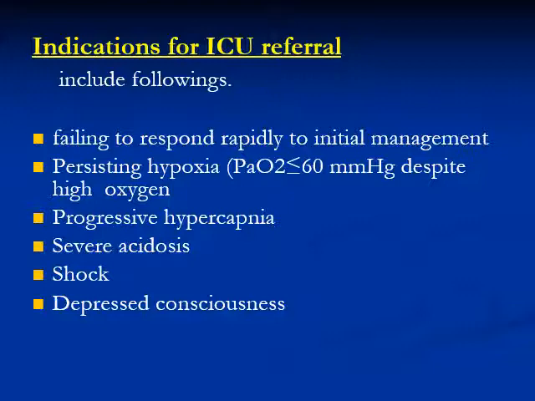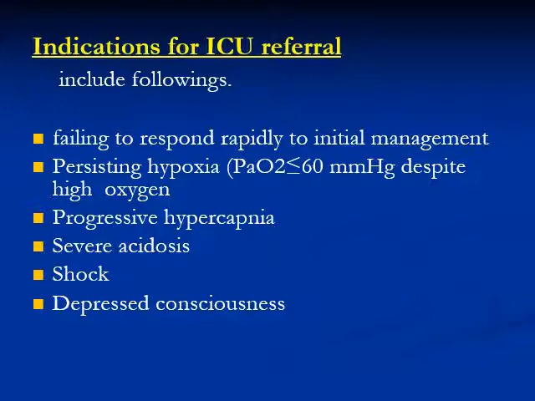As I mentioned, acute pneumonia usually develops type 1 respiratory failure, with hypoxia and hypocapnia or normocapnia. But when the patient develops progressive hypercapnia, it means this patient has passed to severe respiratory failure type 2. Or the patient develops acidosis, a shock state with blood pressure less than 90 over 60, or the level of consciousness is lost and the patient passes into a confusion state or coma.